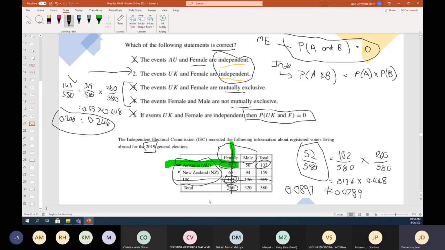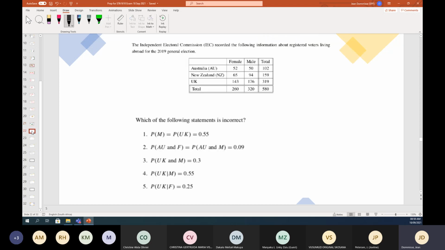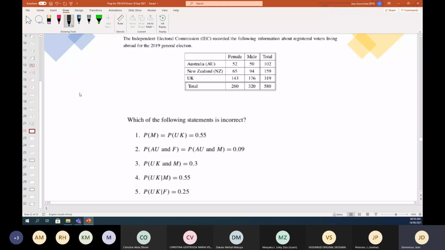So let's continue to the next one, which was also in one of the old exam papers, or the old mock exam of last year. So again, looking at the same data set. So here they ask us again a few questions.